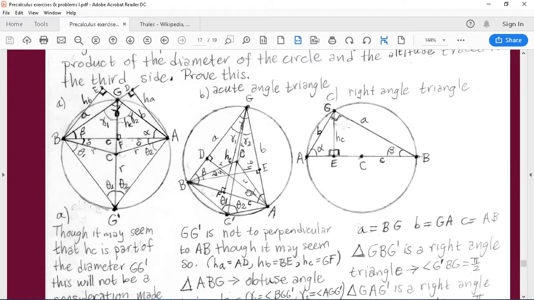The same way, theta 2 plus gamma 2 equals pi halves. So we have that gamma 1 equals pi halves minus theta 1, and gamma 2 equals pi halves minus theta 2. That means that alpha plus beta plus pi halves minus theta 1 plus pi halves minus theta 2 equals pi, which means that alpha plus beta minus theta 1 minus theta 2 equals 0, which means that alpha plus beta equals theta 1 plus theta 2.